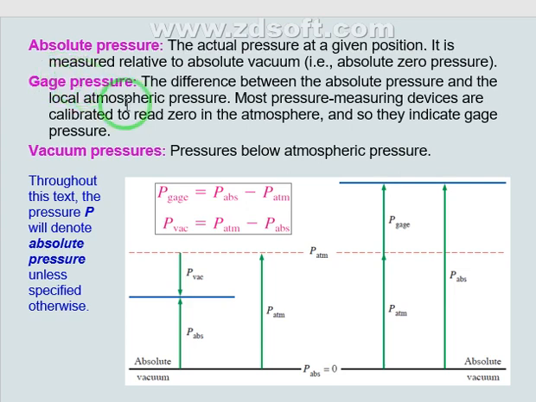Gauge pressure is the difference between absolute pressure and local atmospheric pressure or any other reference. So gauge pressure is something we measure. Mainly it will be the difference between absolute pressure and the atmospheric pressure. Vacuum pressure is the pressure that is below the atmospheric pressure, right? Look at these figures with this equation; they will help you to understand.